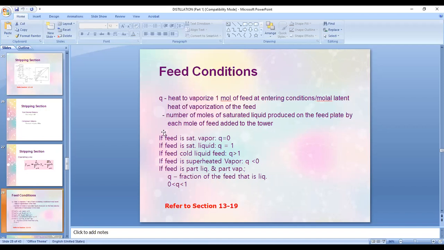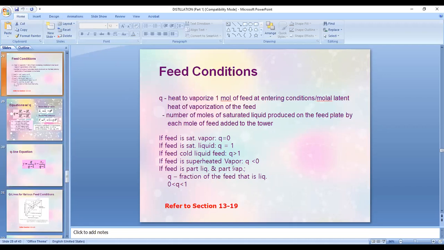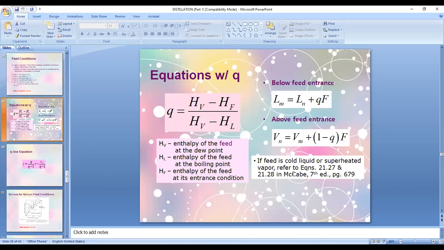For subcooled liquid feed and superheated vapor feed, we have specific equations given by McCabe. So these are the equations indicated in here. And this is the equation to be used if we are to work on finding the Q based on the latent heat of vaporization of the feed.